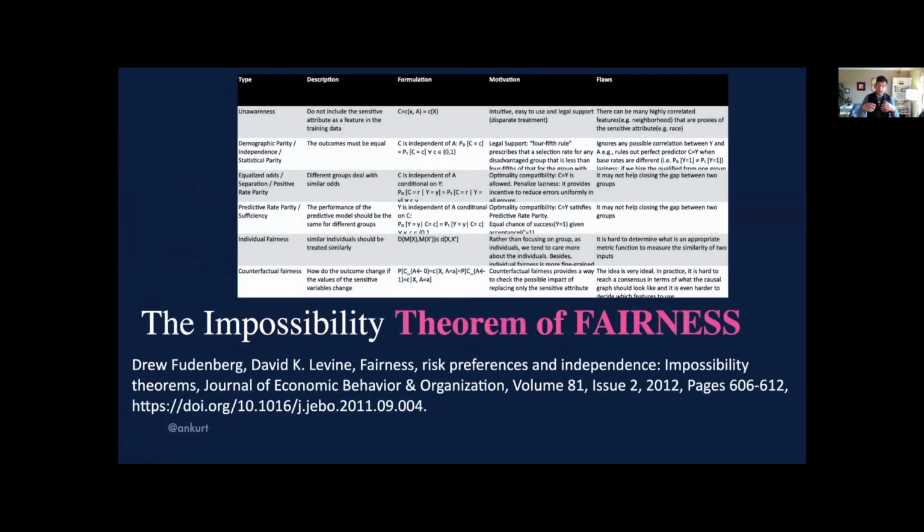Some of the work that I've done, many other collaborators have done in publishing these equations and formulations that allow us to measure fairness and bias across different contexts and applications. But I want to highlight that there is this impossibility theorem of fairness, that fairness can never be achieved in any system. And it's a fantastic work by David Levine and others, where if you try to adjust fairness in one place, it actually breaks somewhere else. So we have to be very mindful about that too.